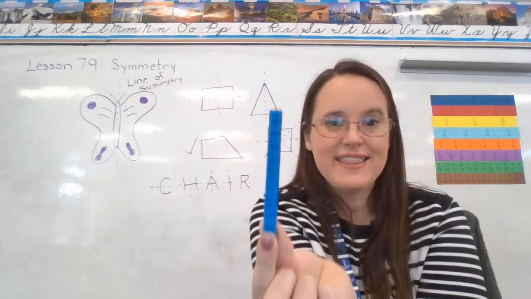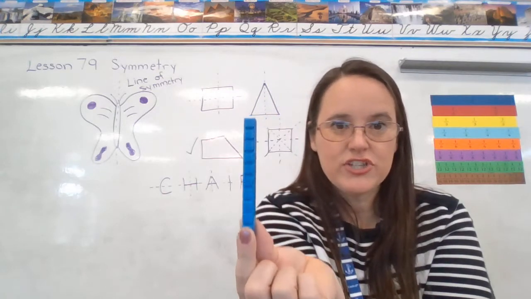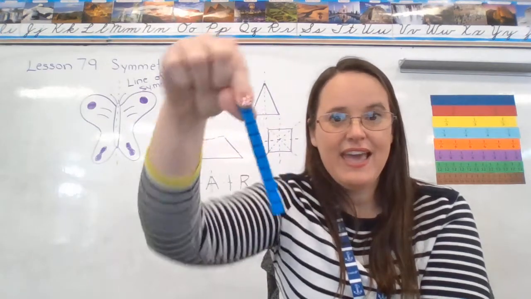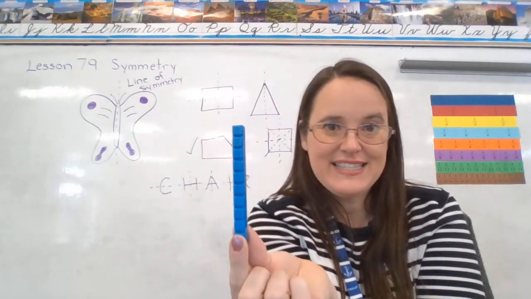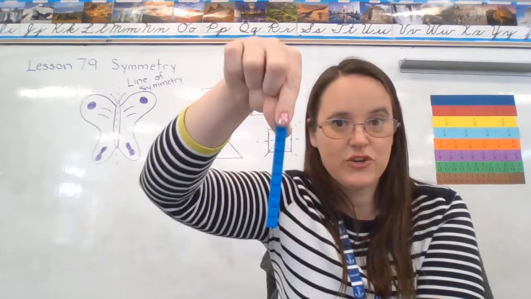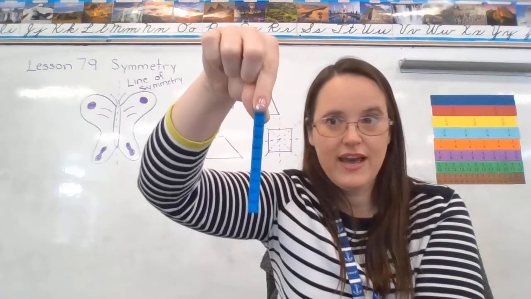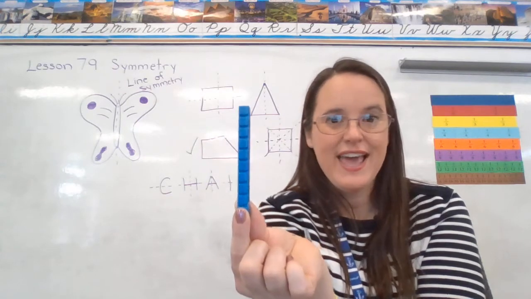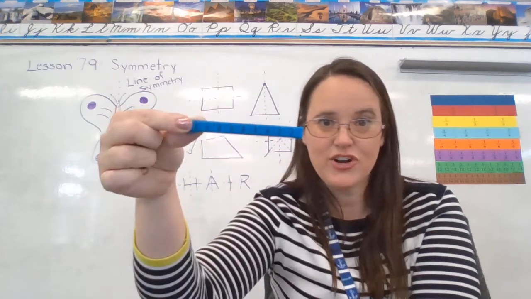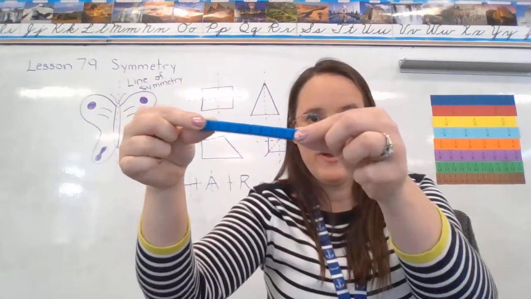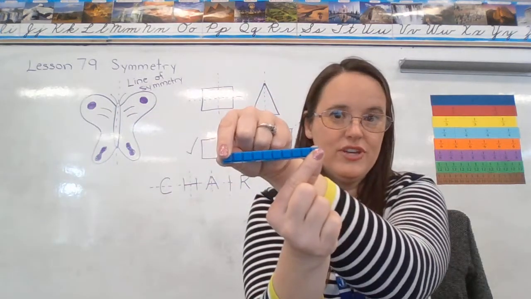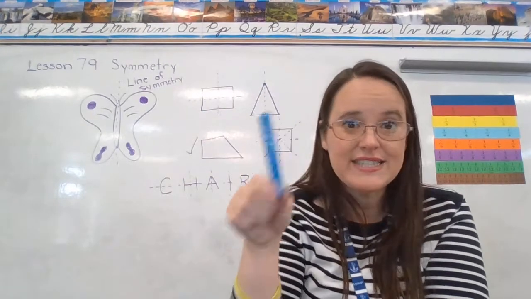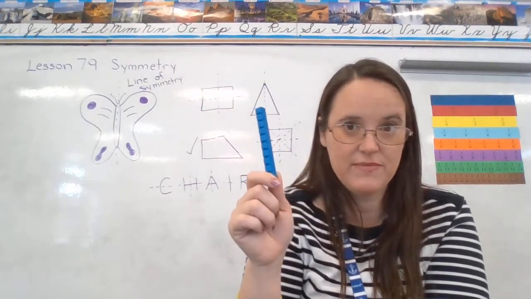So we say that this figure has rotational symmetry because I can rotate it and it looks exactly like it did, in this case, 180 degrees ago. I turned it a half circle, which is 180 degrees, and it is in the same position. I could start it here and do the same thing where I turn it a half circle and it would line up with its starting position. So this has rotational symmetry.